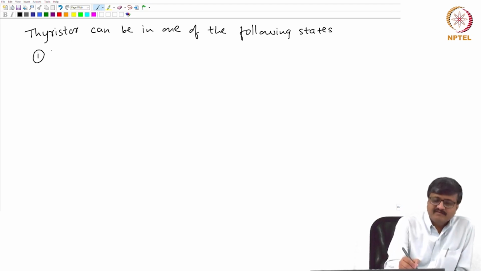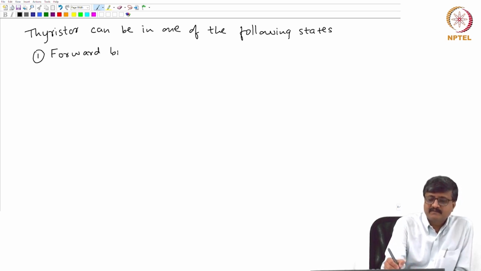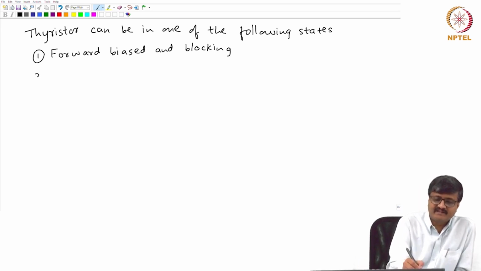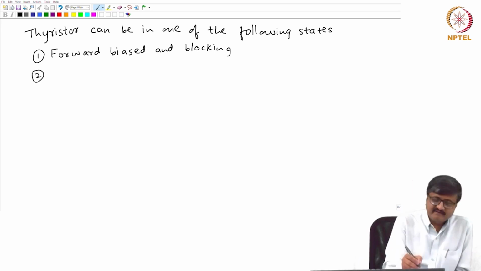One is forward biased and blocking. The second state is forward biased and conducting.